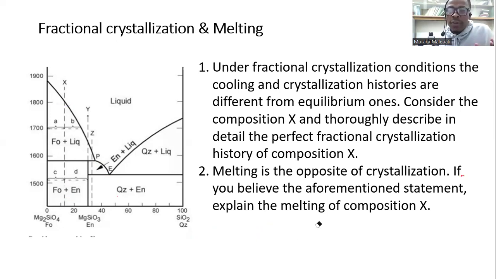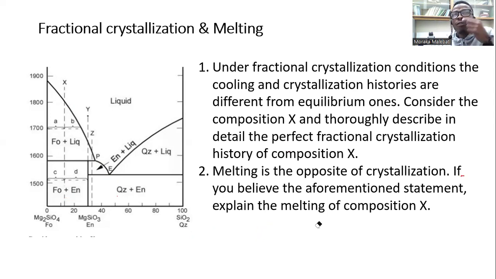So in today's lesson, we've learned about equilibrium and fractional crystallization, and equilibrium and fractional melting. We have observed the melting under both equilibrium and fractional conditions, and the crystallization under both.